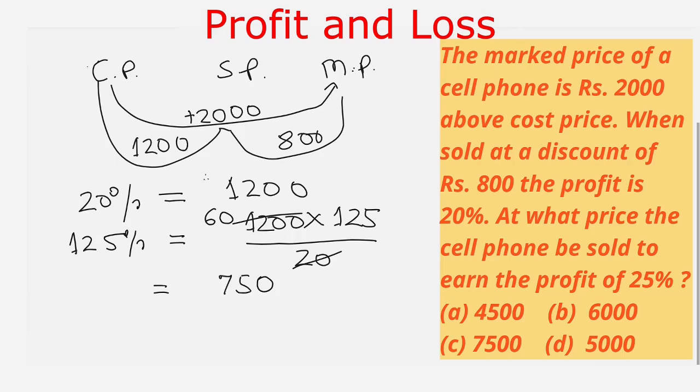Therefore 60 times of 125 is 7500. Therefore the selling price of the cell phone is rupees 7500, and from the given options our answer is option C.